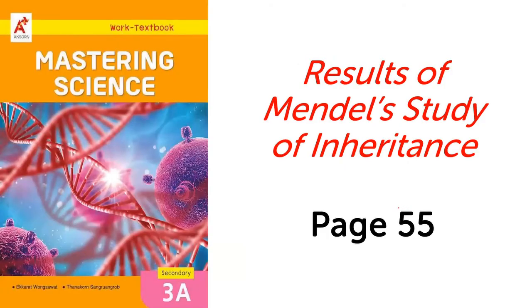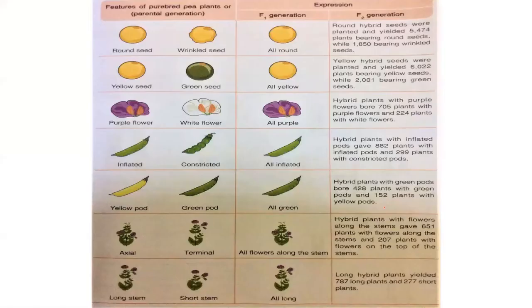As I told you, Mendel did not stop with only one trait. He continued for 7 years studying the characteristics of these pea plants. On page 55, you have the different results of Mendel's study of inheritance. In your parental generation, just like with your flower, Mendel continued to cross-pollinate and studied the different traits.